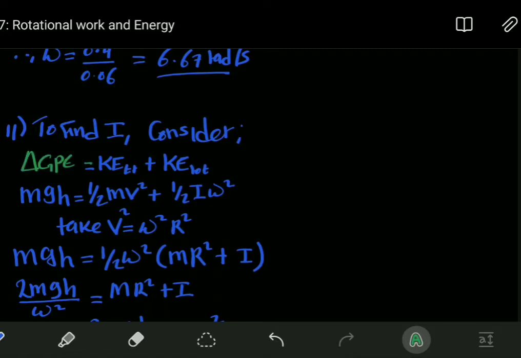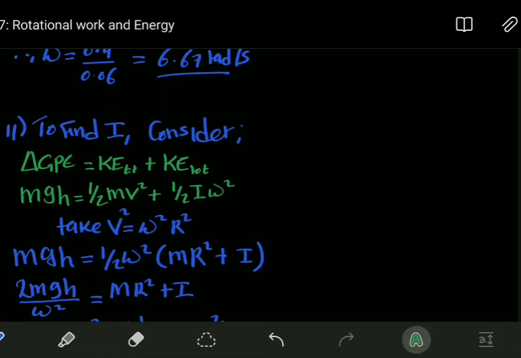Okay, so the change in potential energy is going to be the total gain in kinetic energy. So we have mgh equals half m v squared, which is the translational kinetic energy, plus half I omega squared, which is the rotational kinetic energy.